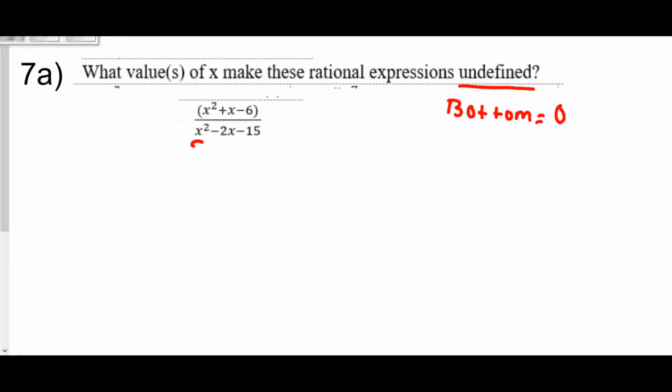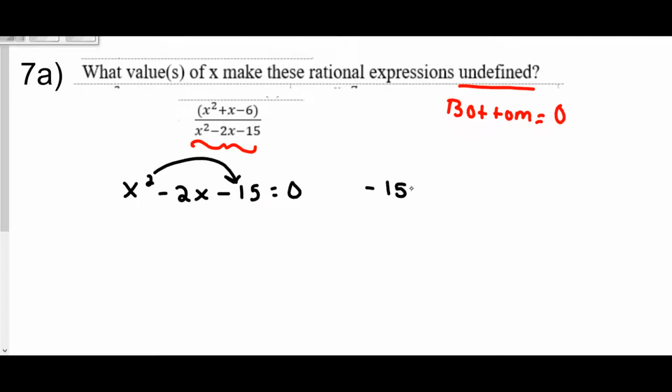So all you're going to do is take the bottom of your rational expression and set it equal to 0 and solve for x, because those values of x will make it 0. So x squared minus 2x minus 15 equals 0. This is a trinomial, so I'm going to use my AC method.